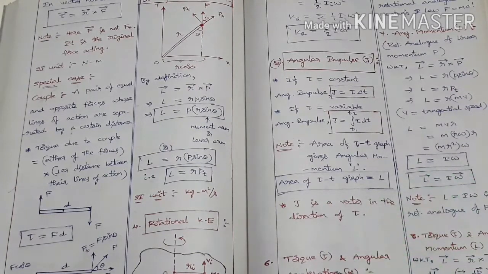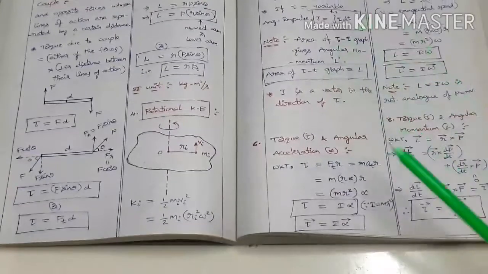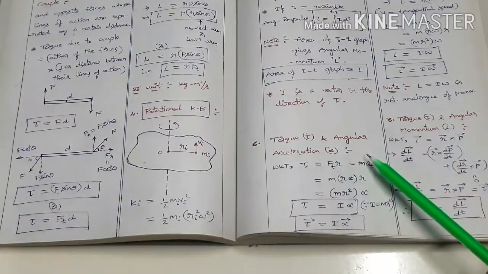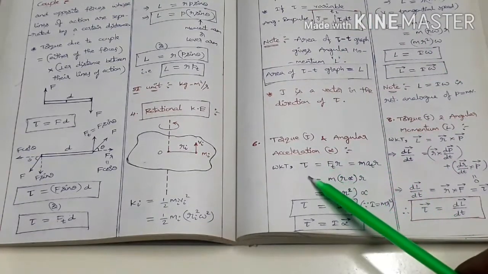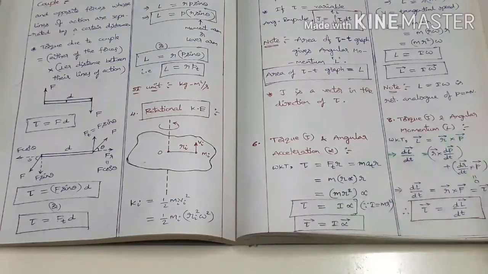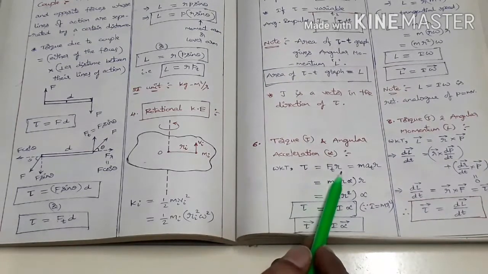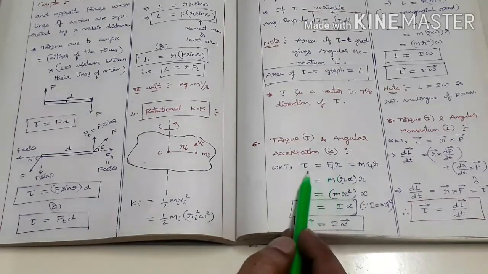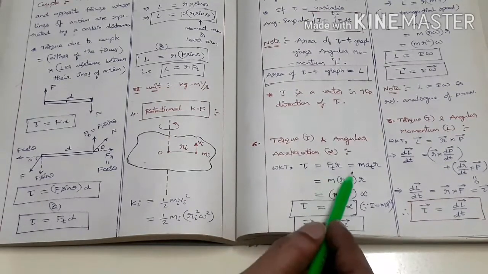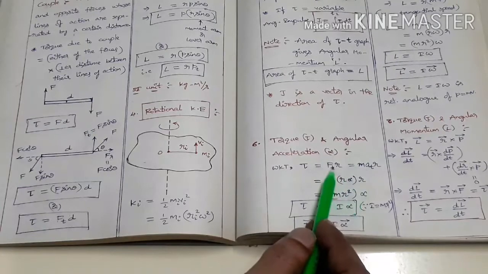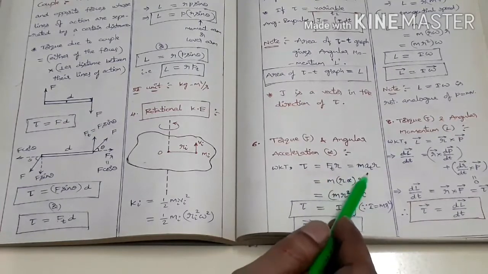Okay. Next one, torque tau and angular acceleration alpha. We know that tau equal to FT R. Torque equals tangential force into the radius vector. So torque tau equal to FT R, and FT equal to M AT.